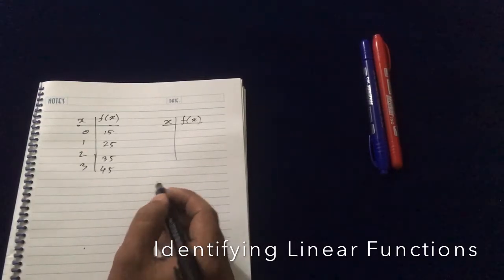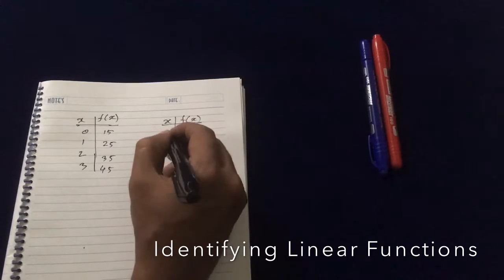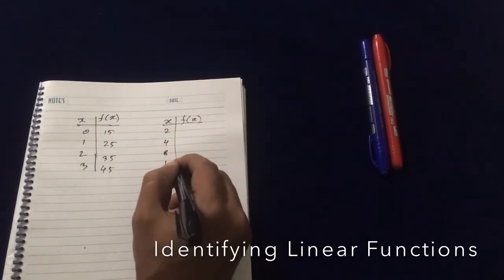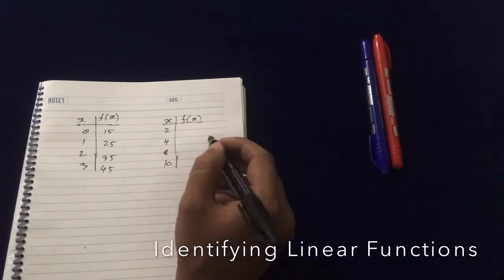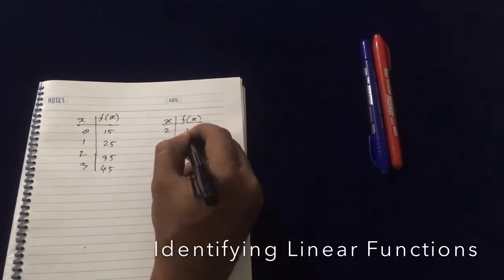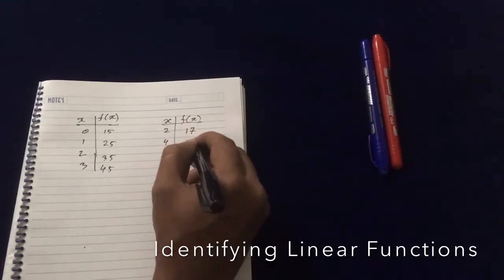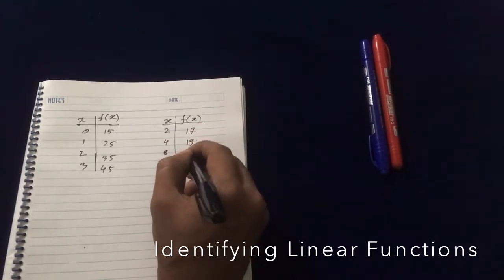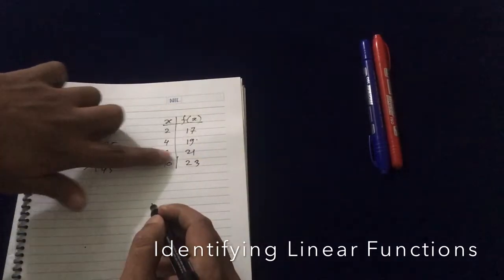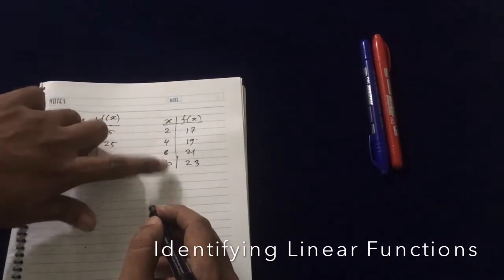We can write some different numbers here also. Let's write something else: 2, 4, 8, 10. Then let's write here, suppose some numbers, 17, 19, 21, 23. This is my pen: 1, 2, 3, 4, 1, 2, 3, 4, 1, 2, 3, 4.